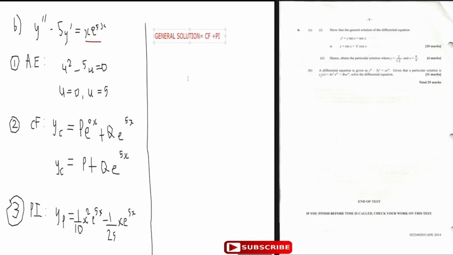And so finally, we can write that y is equal to the general solution, which is p plus q times e to the 5x, plus yp, and yp is 1 over 10 x squared times e to the 5x minus 1 over 25 x e to the 5x.